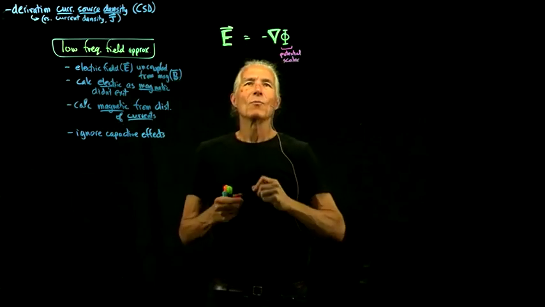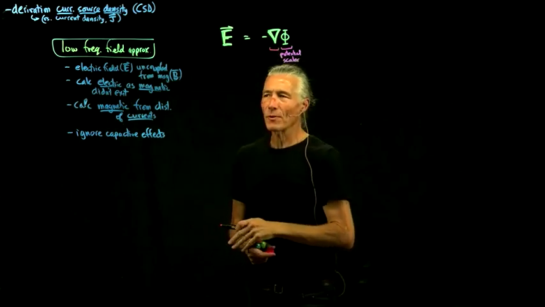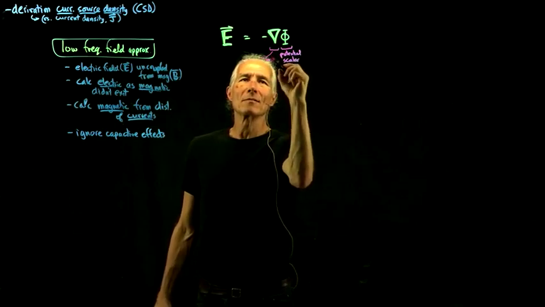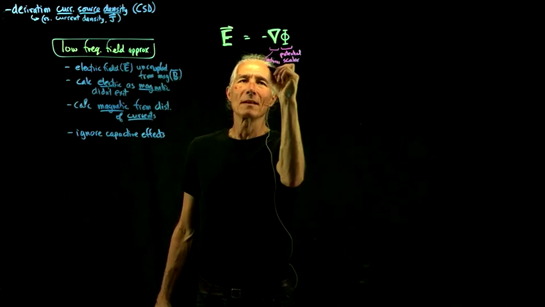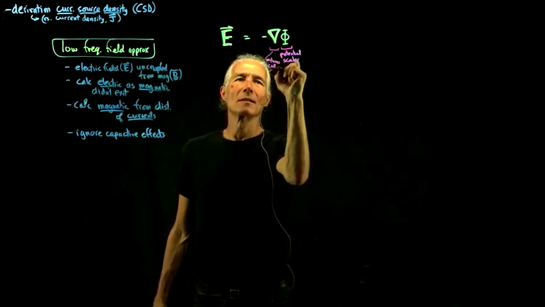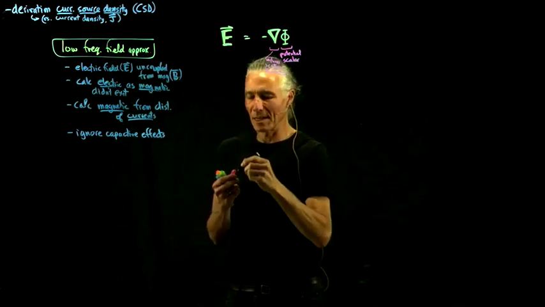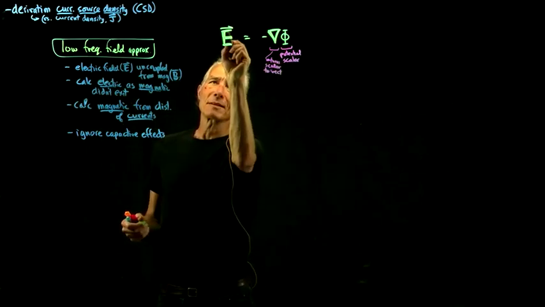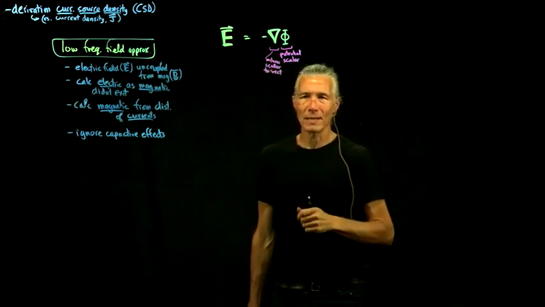And what does the gradient do? Remember, the gradient turns a scalar into a vector. So the E is a vector. And remember, again, this E is implicitly a different E at each point in space.